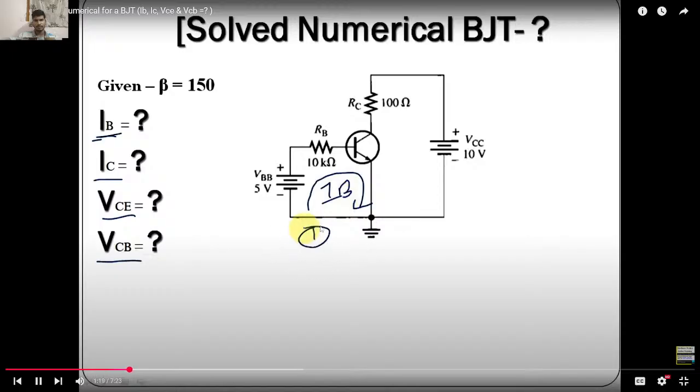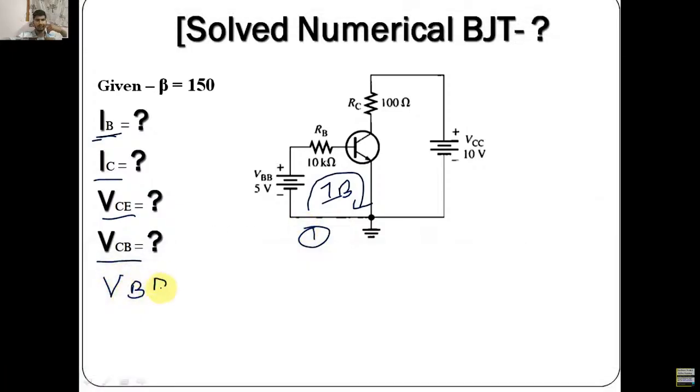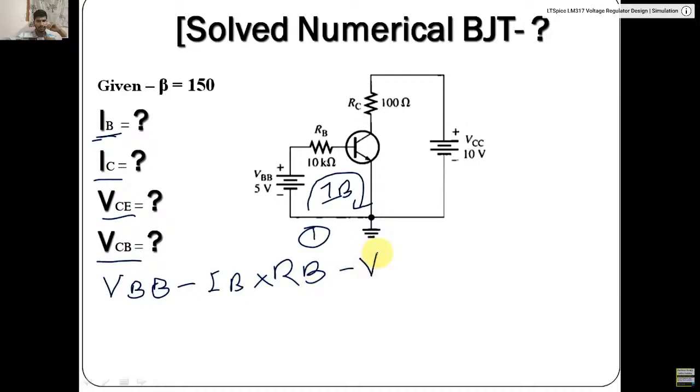So if you apply the KVL on this loop, so let us write the equation VBB, right, minus IB into RB minus VBE equals to 0, and you already know the value of VBE.